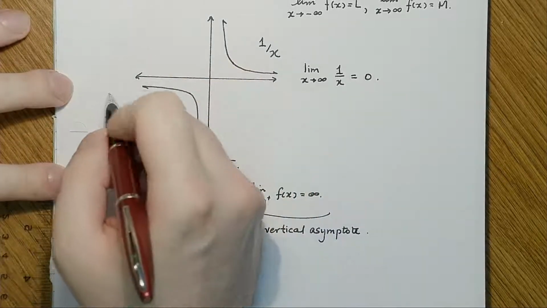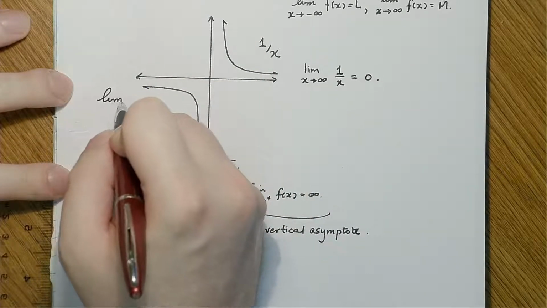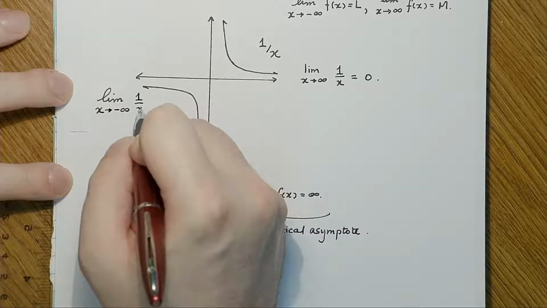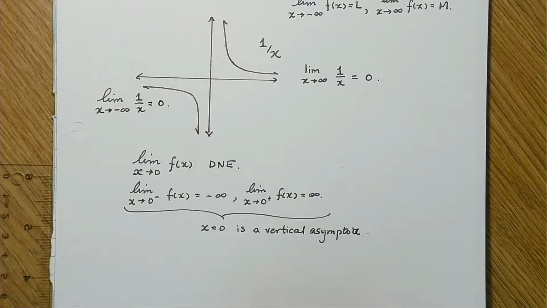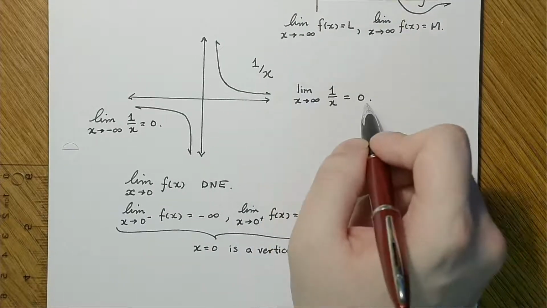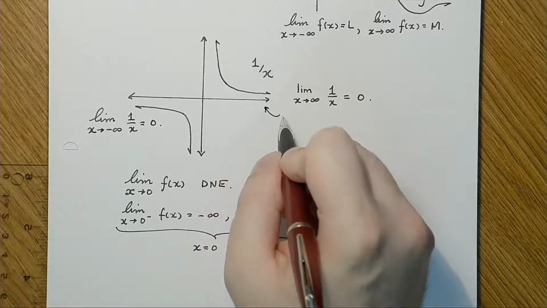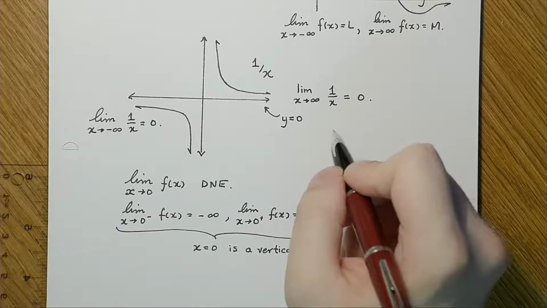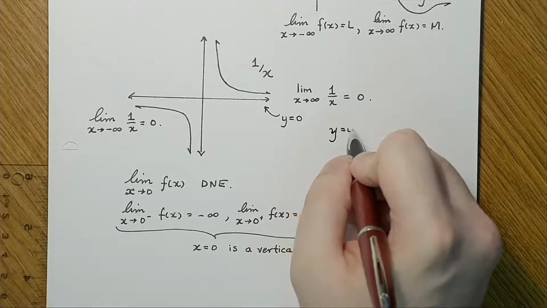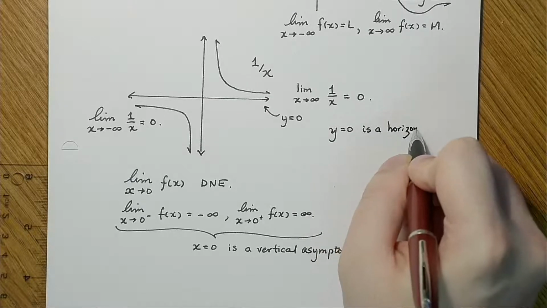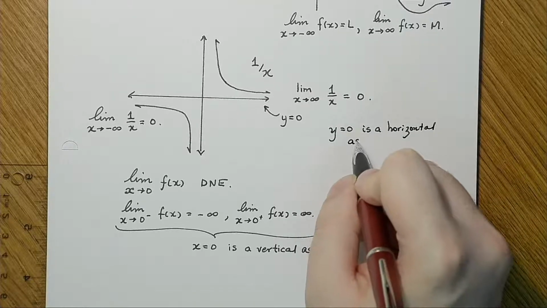And on the other side, as x goes to minus infinity, 1 over x is equal to 0. Now, very similar to what we know now, we have a line here of y equals 0. And we showed now that y equals 0 is a horizontal asymptote.